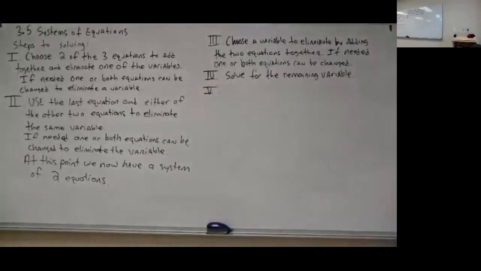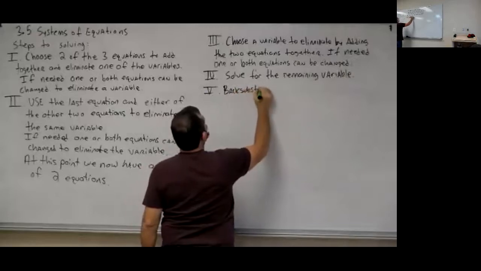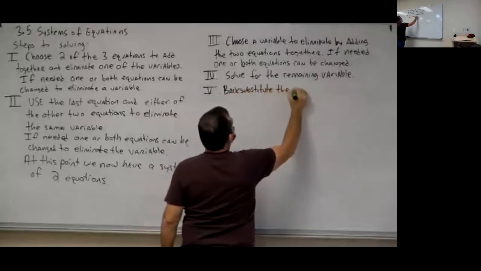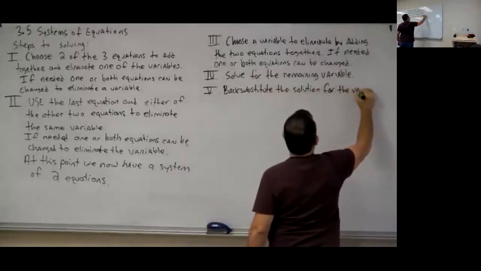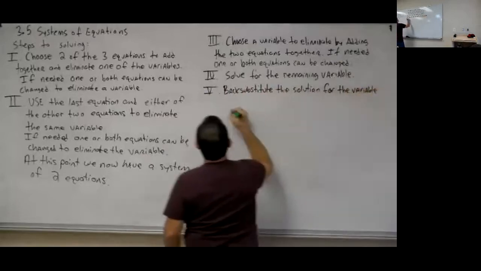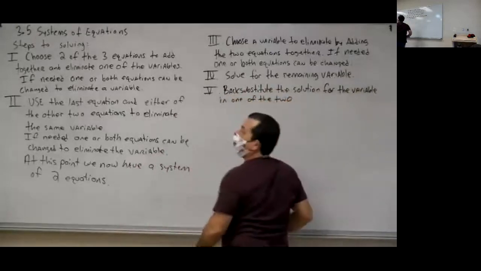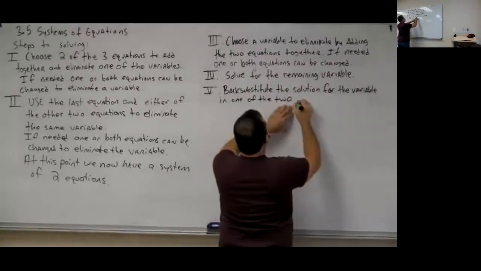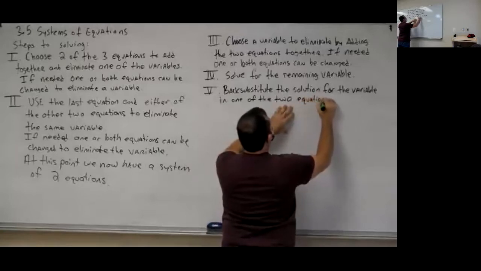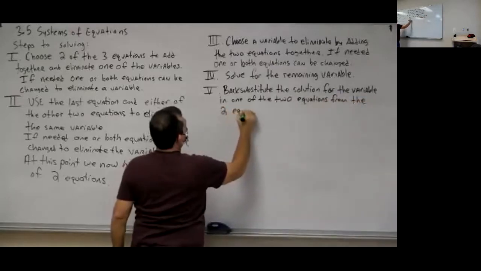Once I got my remaining variable solved for, I'm then going to back substitute the solution for the variable in one of the two equations from the two equation system.